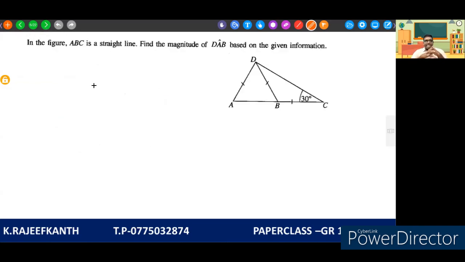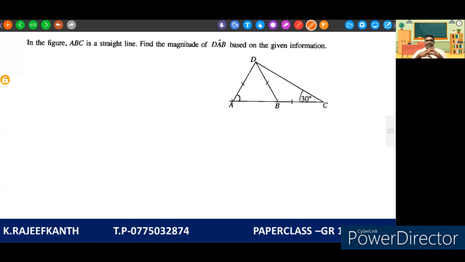Next one. Here in the figure, ABC is a straight line. Find the magnitude of angle DAB. We have to find the magnitude of angle DAB based on the given information. Here ADC, ABD, BCD are triangles.